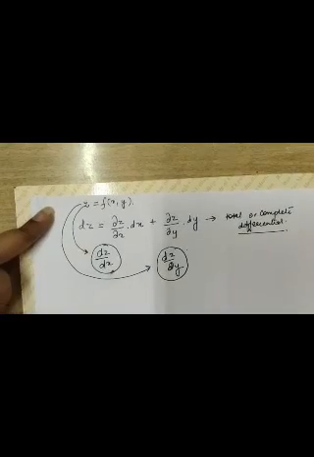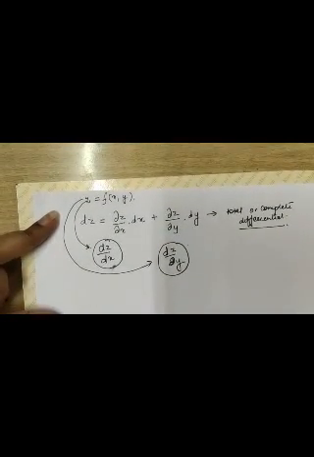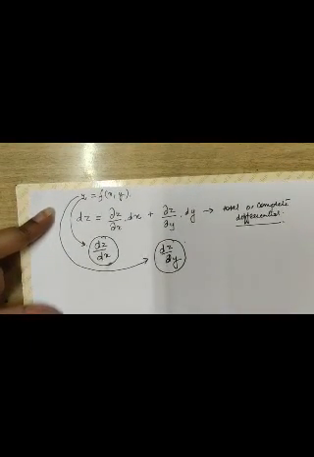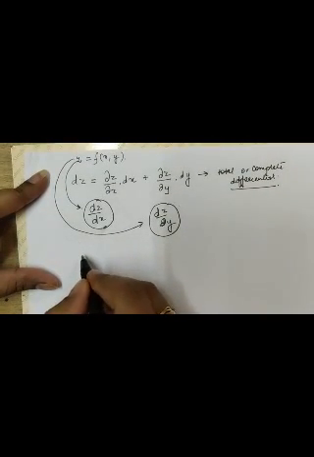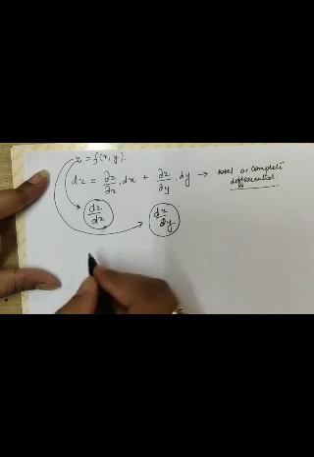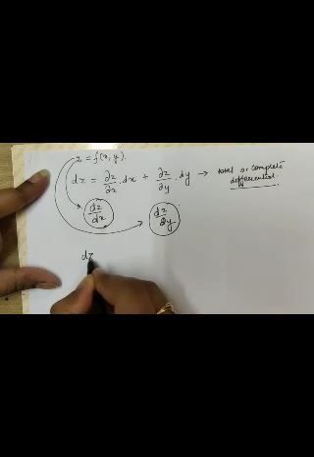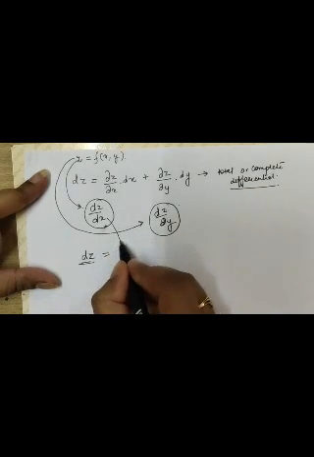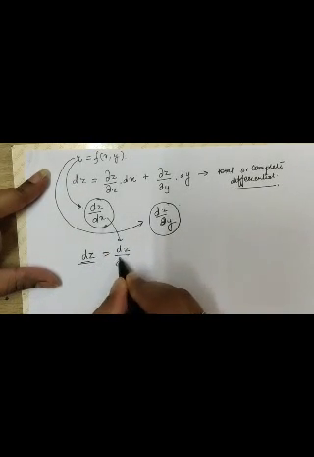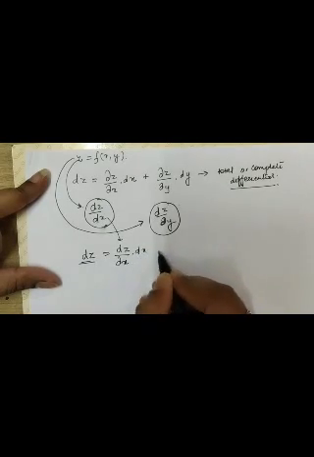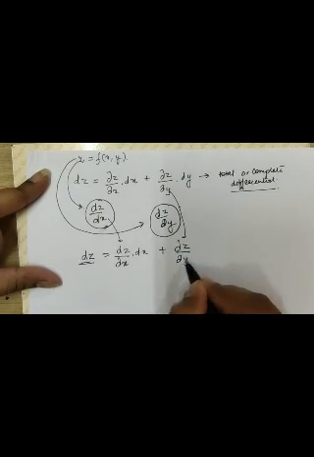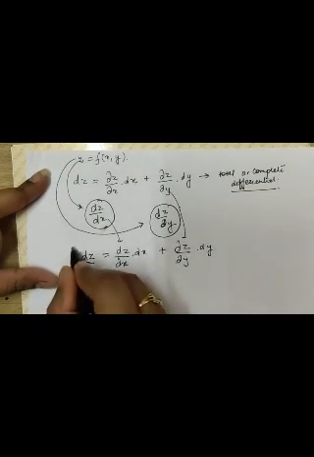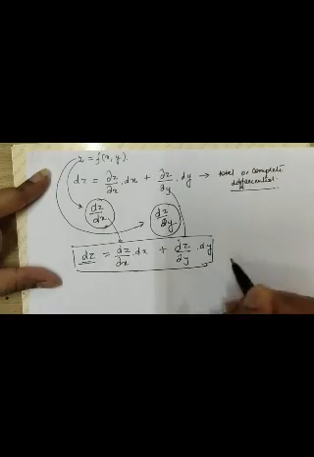So that was a case of partial differentiation. But now in total differential, this is complete differentiation. So dz is equal to delta z by delta x into dx plus delta z by delta y into dy. This expression is known as total differential.